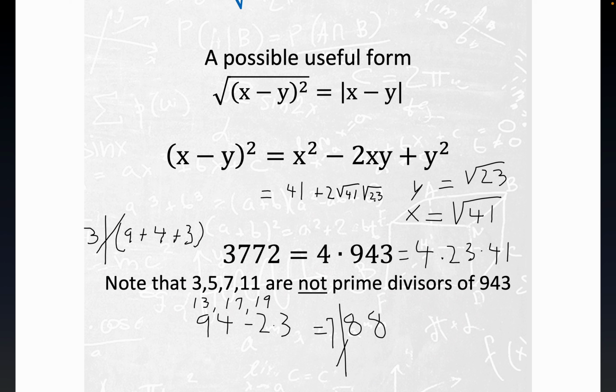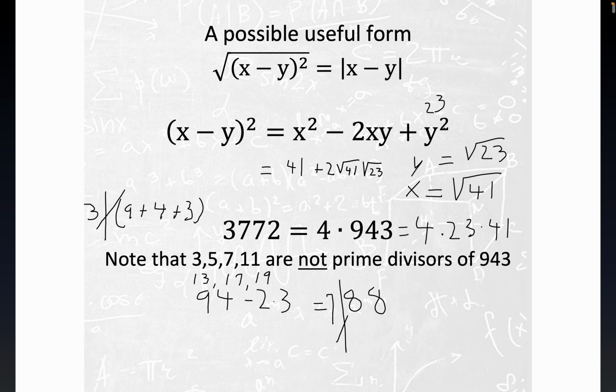And folks, you can see when this comes together, the 2 will come inside of here and become a 4, right? And then also the y squared will be 23. So you see how the 41 and the 23 give the 64.